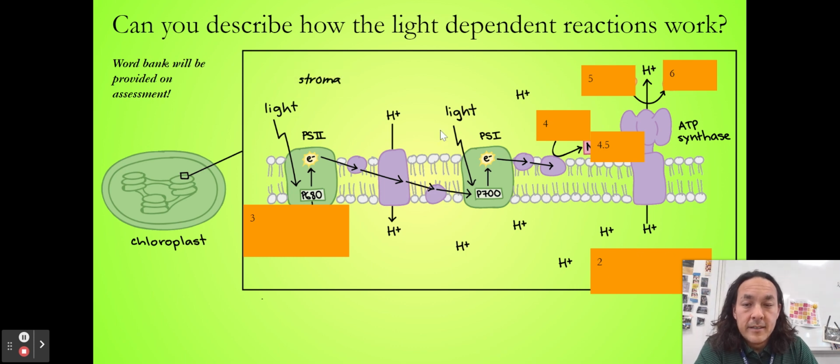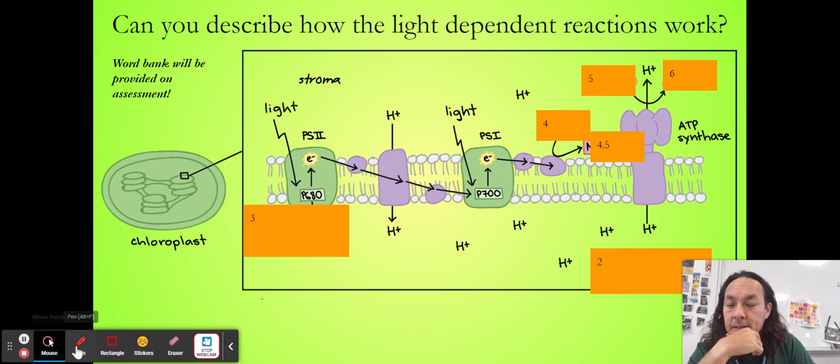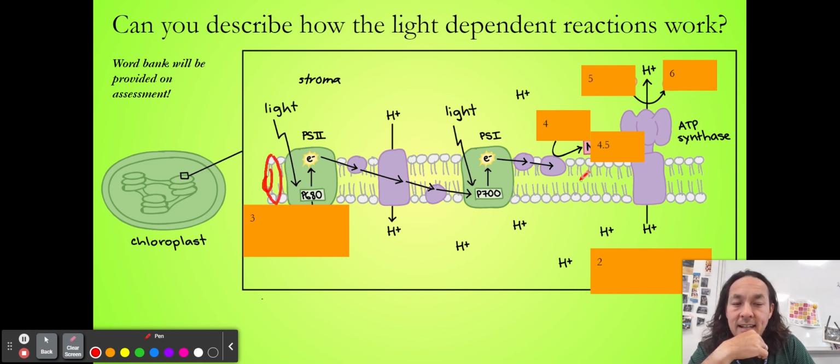All right. This is the stroma on the outside. So that's the outside liquid. This is the thylakoid membrane. Here at the membrane, let me use my pen. This is called a phospholipid bilayer, and the inside of it is very nonpolar, and it repels anything that has a charge.